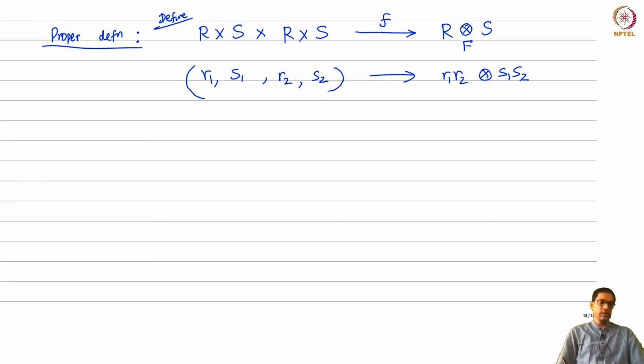Now the key point here is we need to get the correct bilinearity and so on. To do that, let's fix R1 and S1. So you fix these two components.